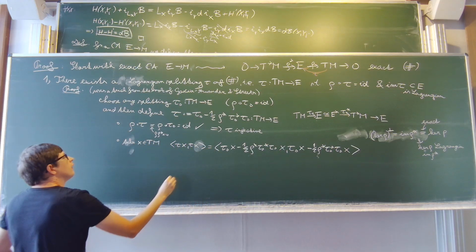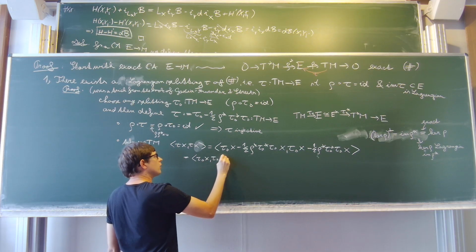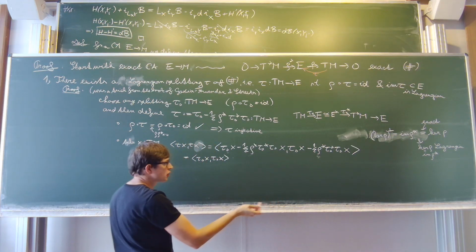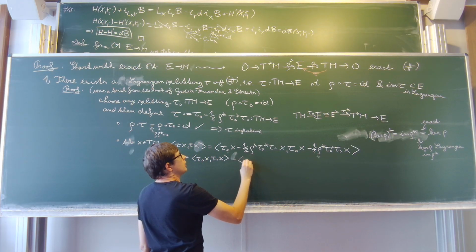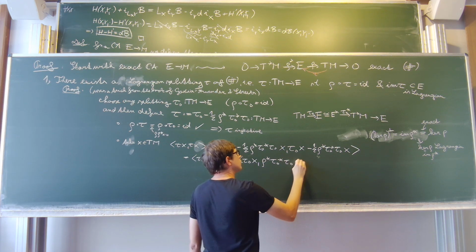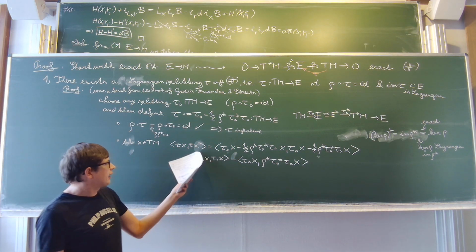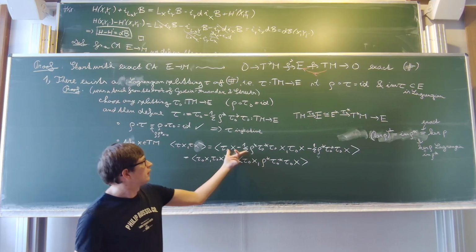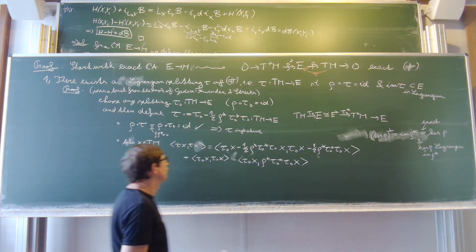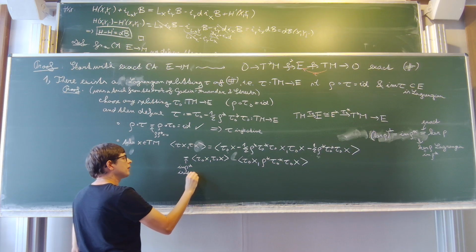So the only non-zero terms are if I pair the first guy with itself, and if I pair the first guy with the last guy, which I get twice, so I get tau 0 x paired with tau 0 x, minus 2 times tau 0 x paired with rho star tau 0 star tau 0 x. This thing would in general have 3 terms, but the last one vanishes because of Lagrangianity. Here, the fact that the image of rho star is Lagrangian, and in particular isotropic.